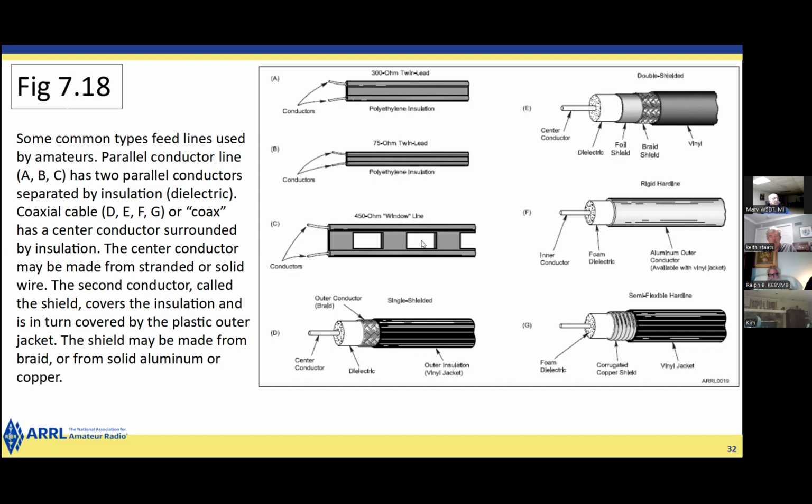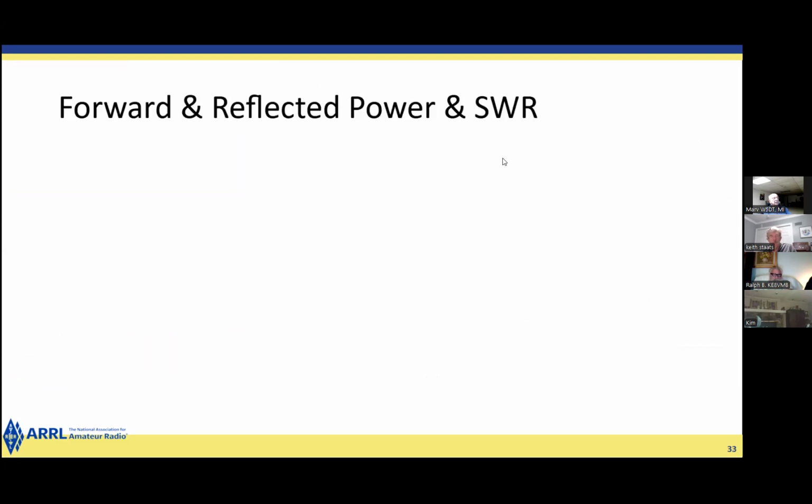You might frequently use something like 450 ohm window line, or 300 ohm, or coax like D, or any of these. They all have their advantages. They have disadvantages.